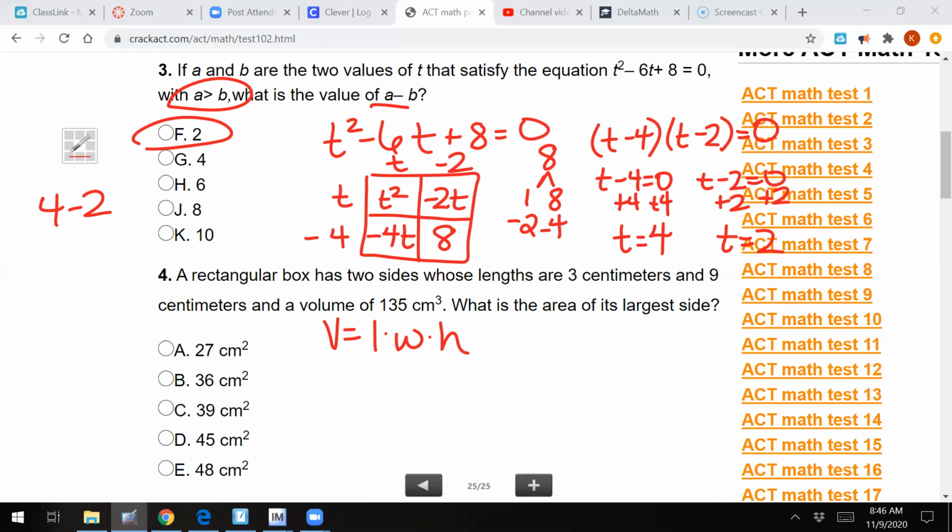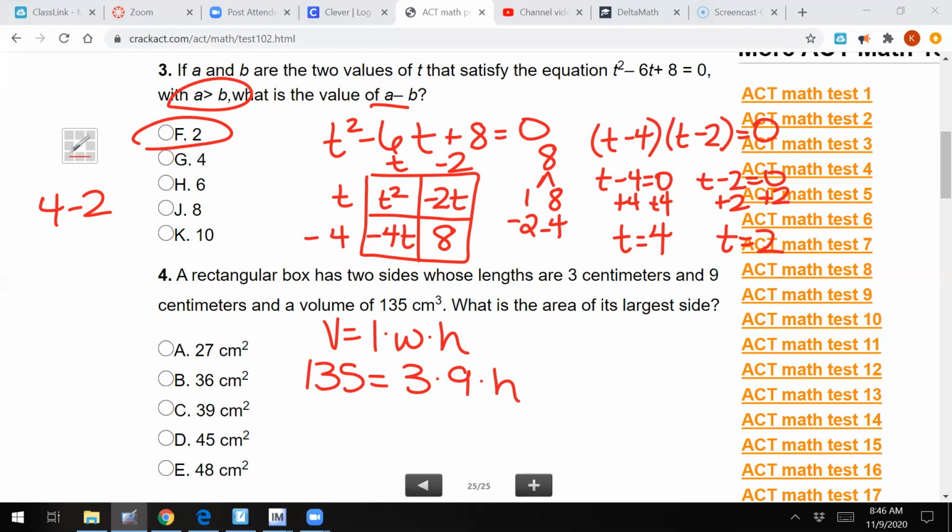They told us that the volume is 135. So we have the whole thing. We can plug that in for the V. And then they tell us that two sides are 3 and 9. We don't know which ones. It doesn't matter. We have one unknown. And I'll just put the height there.